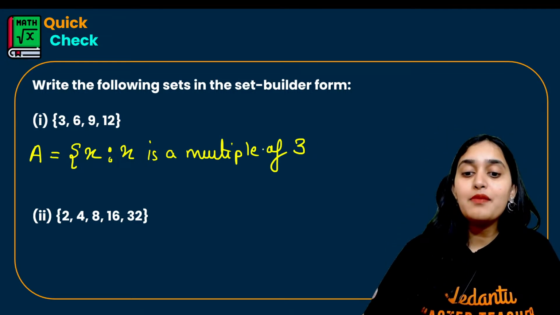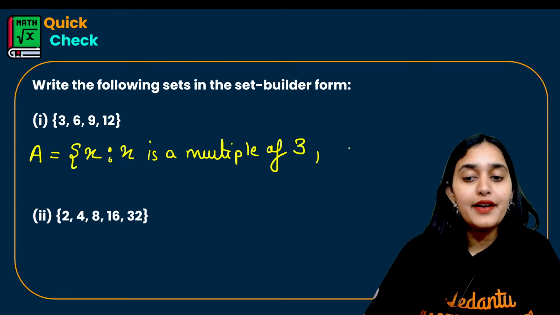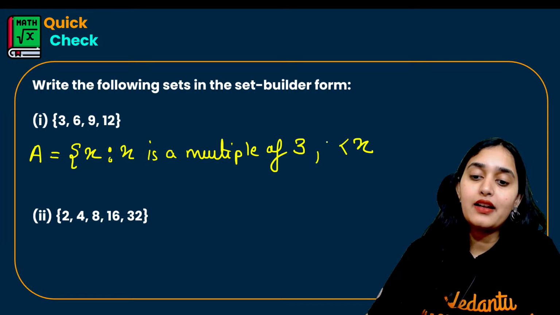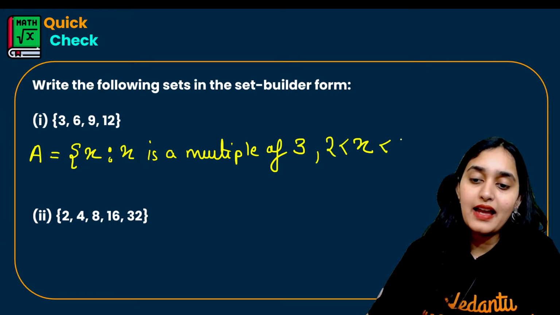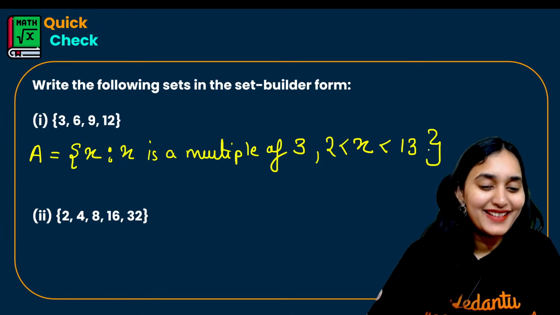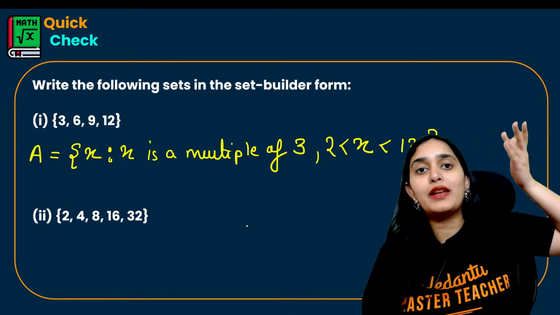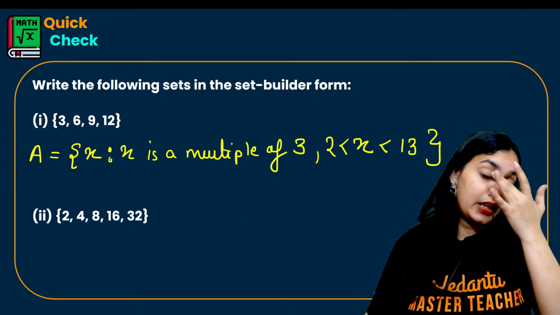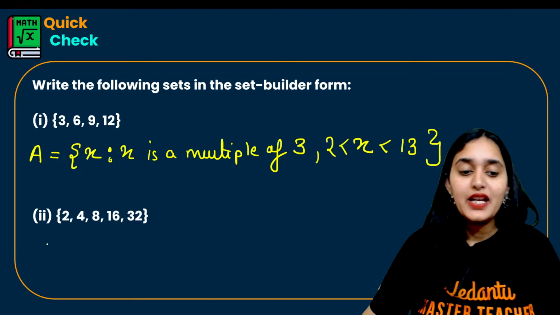So x is a multiple of 3 where x is greater than 2 but less than 13. Because multiples of 3 are so many. 15, 18, 21, all of them are multiples of 3. But we don't want to write them, right?